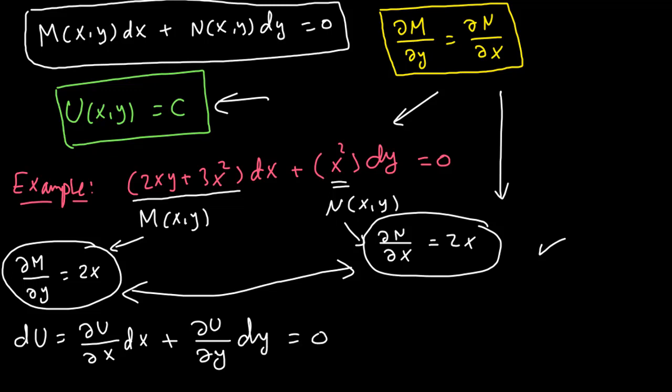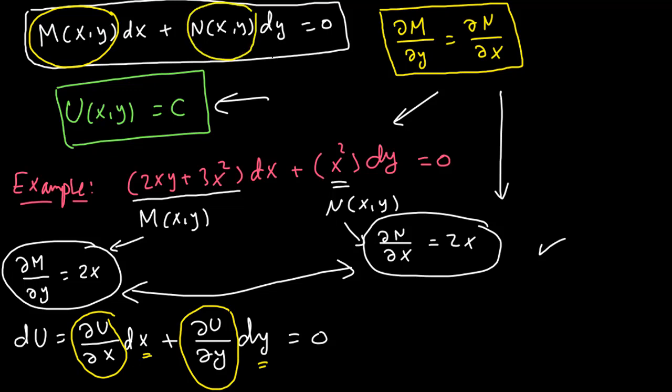Since we assume that u is the solution of the differential equation, the differential equation that we obtain from this solution must be exactly the same as the given differential equation. From this, we conclude that partial u by partial x, which is the term multiplied by dx, will equal our function M of x and y. And also partial u by partial y, which is the term multiplied by dy, must equal the term N of x and y, which is multiplied by dy in the differential equation.